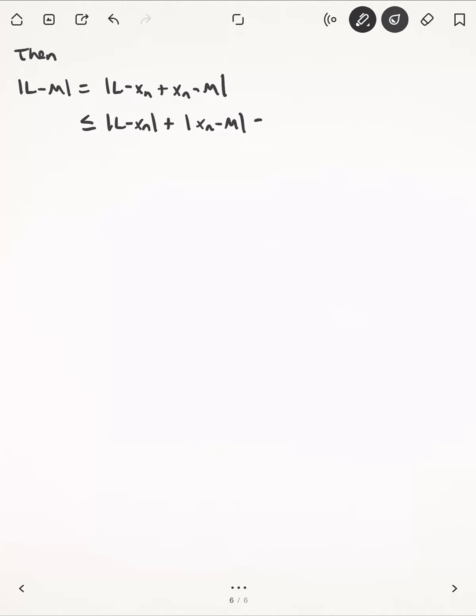And with absolute values, I can negate the inside while maintaining equality here. So I have that this is a sum of the absolute values of xn minus L plus xn minus M. And now we know that both of these terms in the absolute values are less than epsilon. And so I get that this is less than or equal to epsilon plus epsilon, which is equal to 2 epsilon.